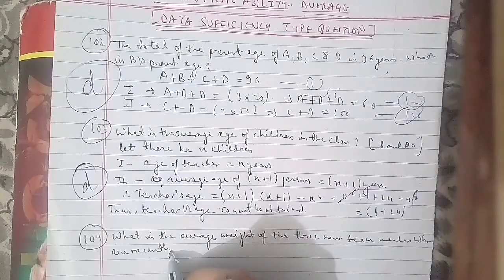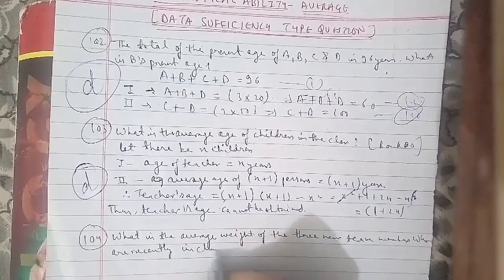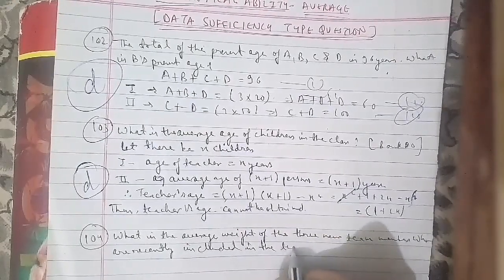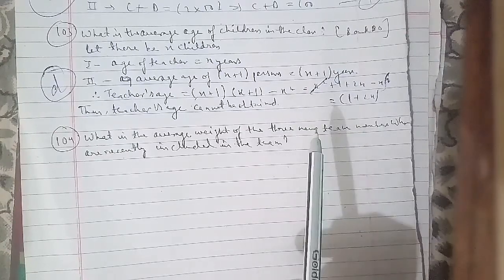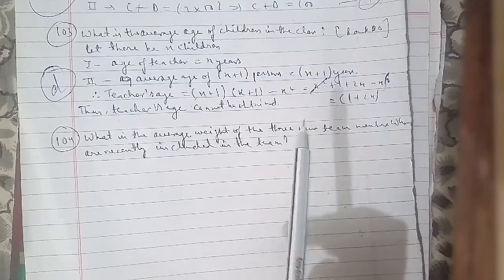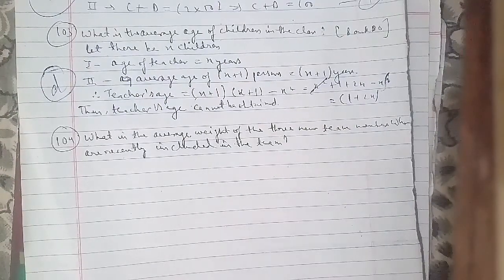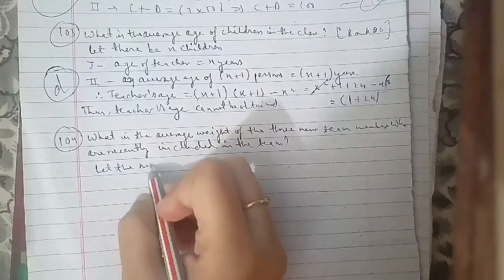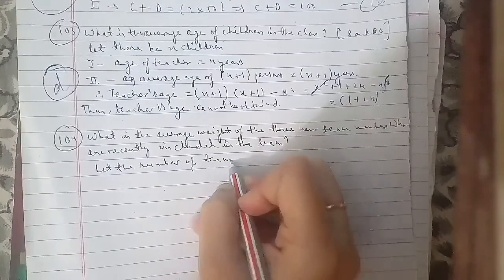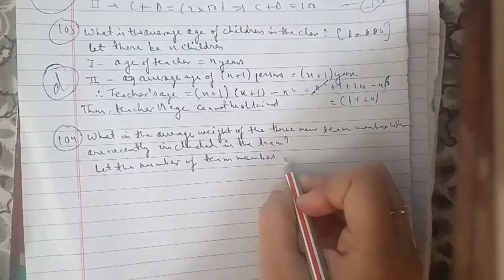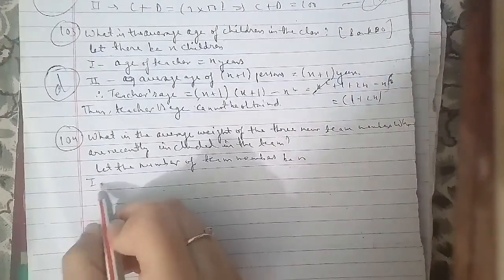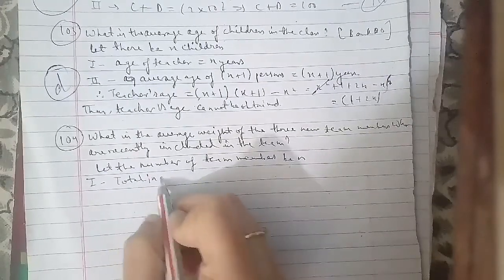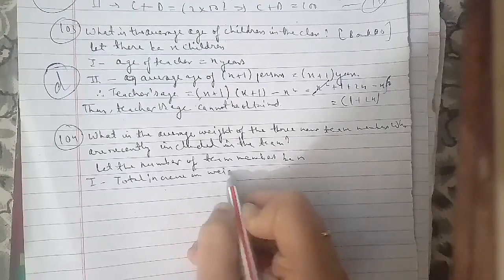Let the number of team members be n. The first statement says that the total increase in weight on replacement equals 20n kg. The second statement says that the total weight of the new members equals 64 plus 75 plus 66 plus 20n kg, which equals 205 plus 20n kg.